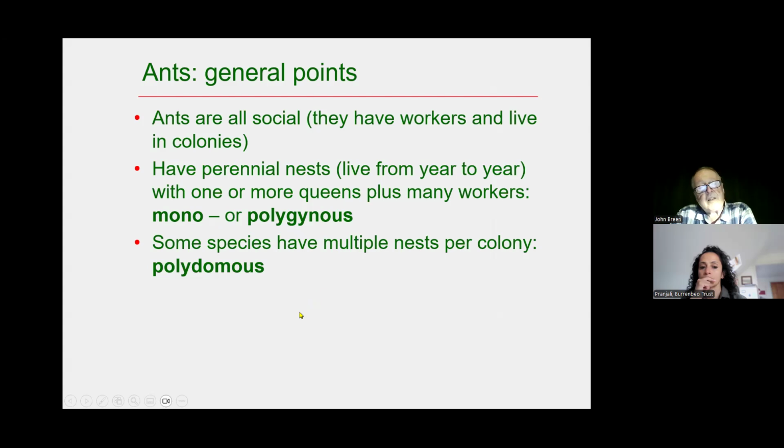And then to make things complicated, they can have multiple nests per colony, and then we say that that colony is polydomous.